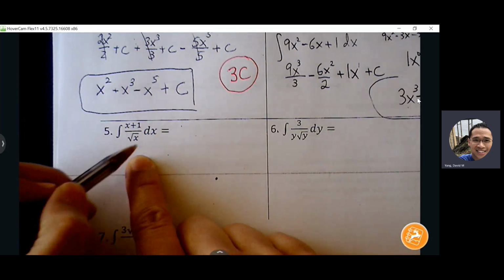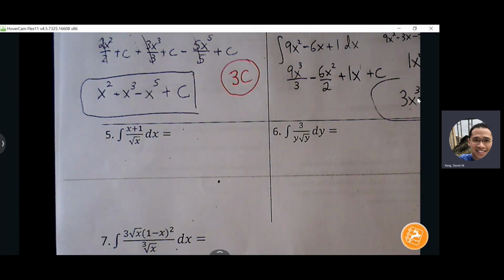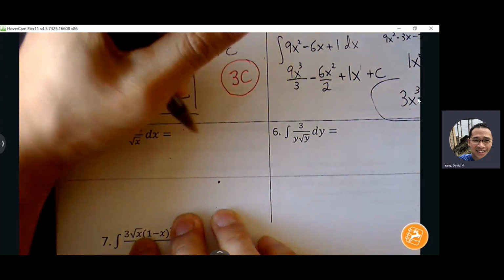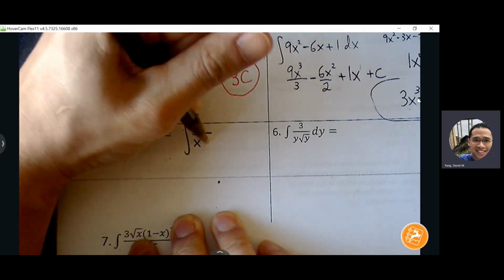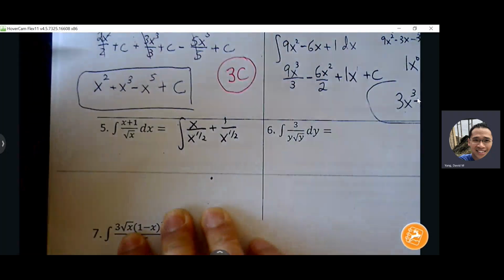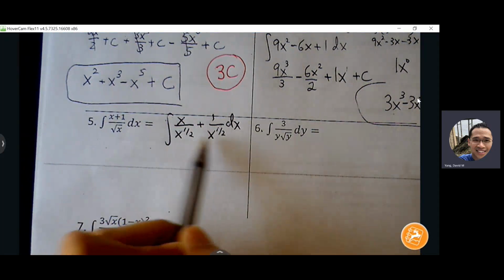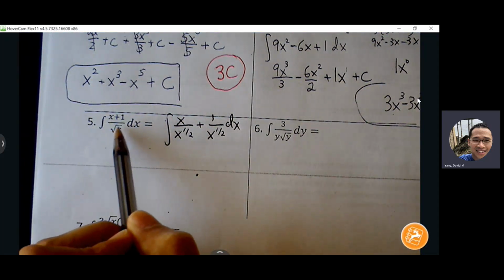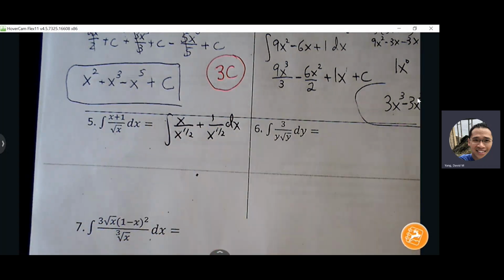Same idea here. I've got to move that square root of x, but I'm going to do it after I've split up into smaller problems. So I'm going to rewrite this as x over x to the 1/2 plus 1 over x to the 1/2, right? I've taken care of my radical, but I just want to split this up first. Anytime you have multiple terms up in the numerator and one term in the denominator, you can always split up into smaller problems.